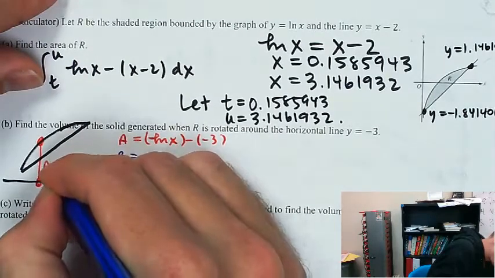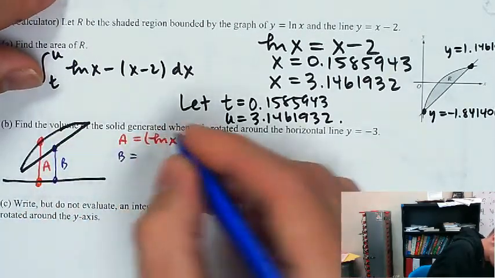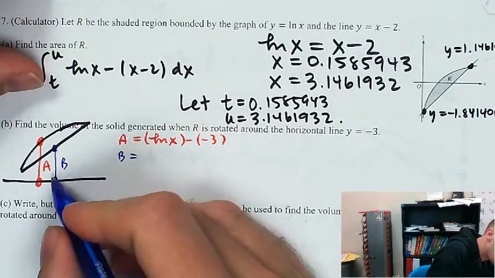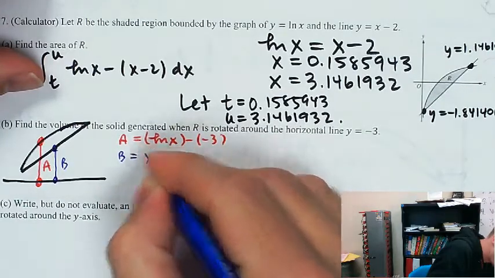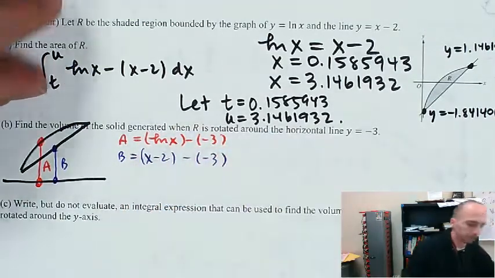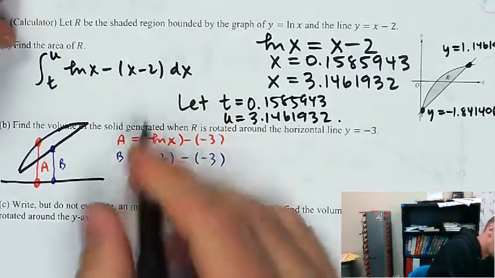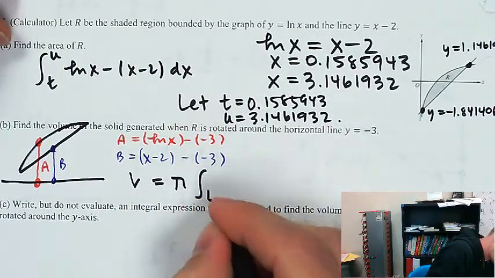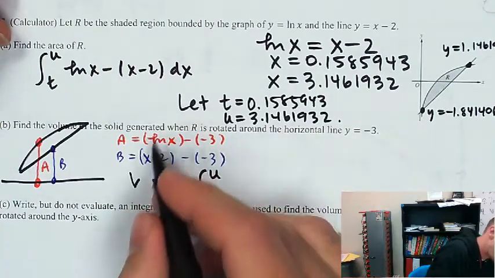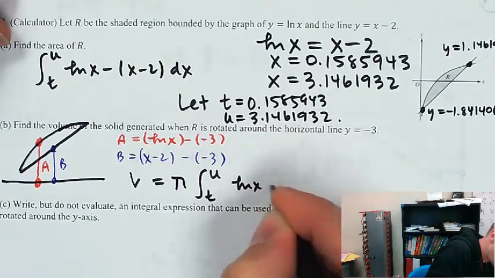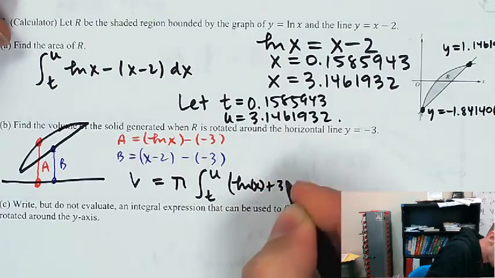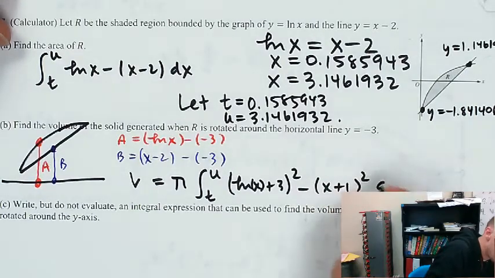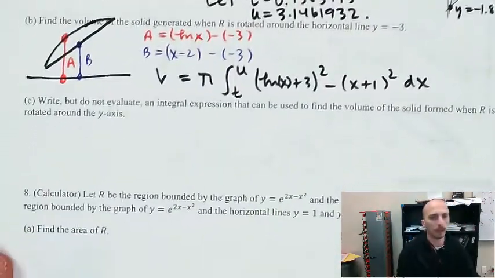And then small radius is equal to top minus bottom, x minus 2 minus negative 3. So the volume is going to be pi times the integral from t to u of a squared minus b squared. So it would be log x plus 3 squared minus x plus 1 squared dx.